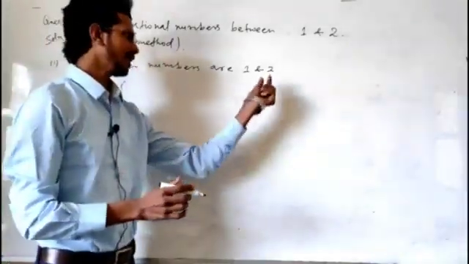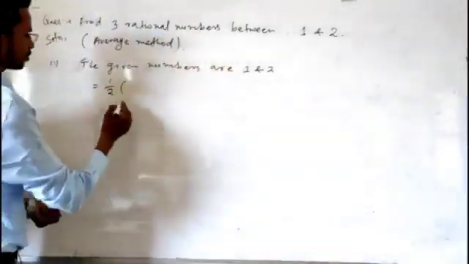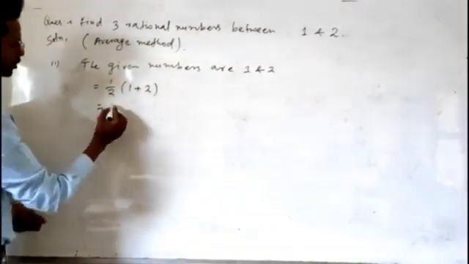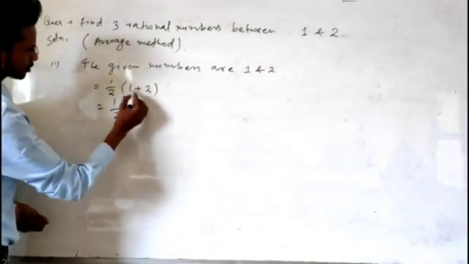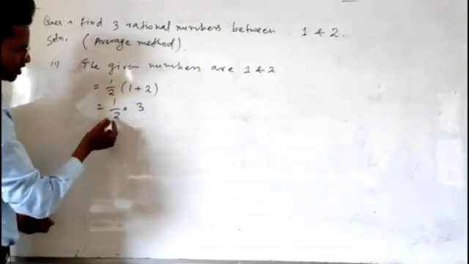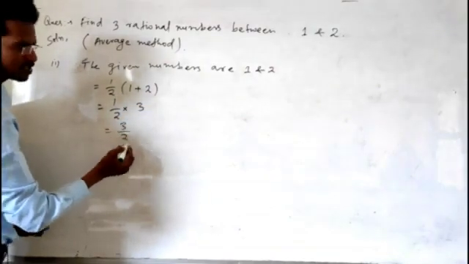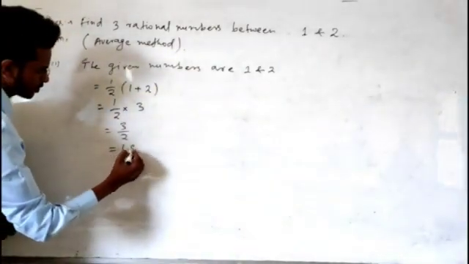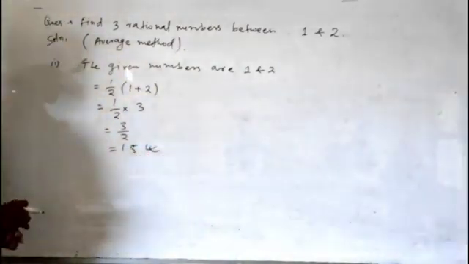How to solve? Add these two numbers, 1 plus 2. What is 1 plus 2? 1 plus 2 is 3. 3 upon 2, and what is 3 upon 2? 3 upon 2 is 1.5. The first number we find is 1.5.